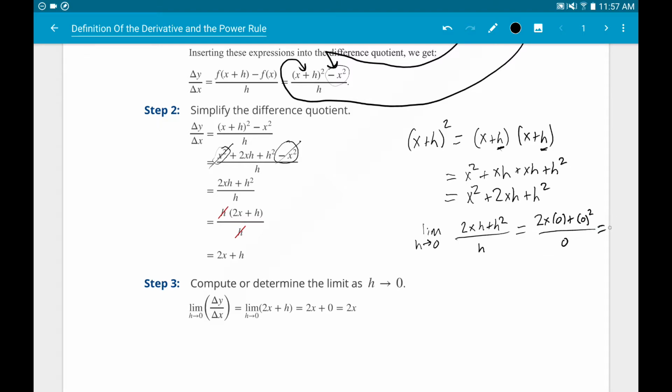That ends up being 0 over 0. So that tells us factor and cancel. So in the next step, they've done that. They've pulled an h out on top. It's going to cancel out with the h on bottom, so all that's left is just the 2x plus h. So this is simplified right here.